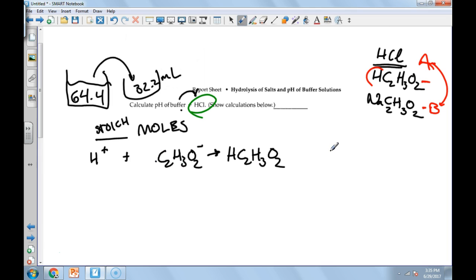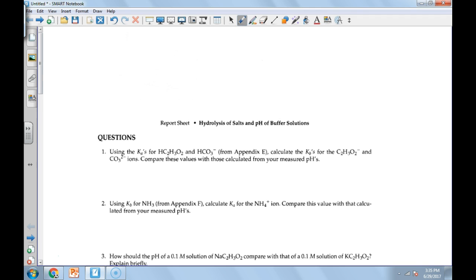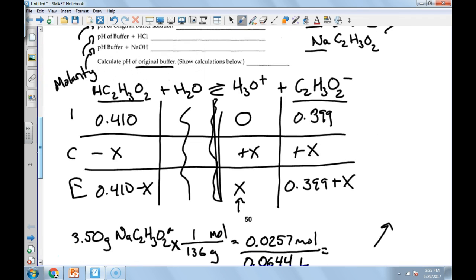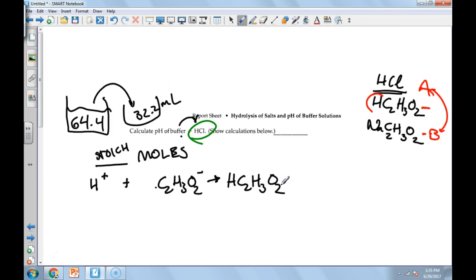Okay, so we're going to go back here and say, well, the original concentrations are 0.399 and 0.410. This was 0.399 molar acetate.